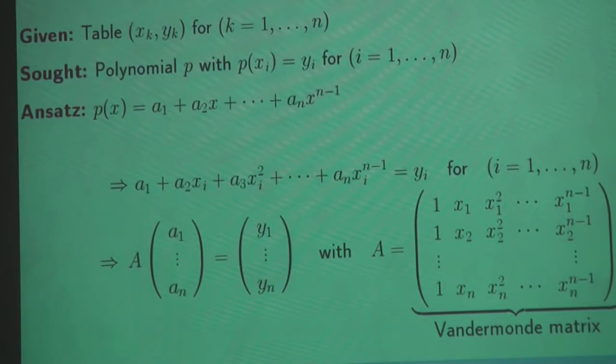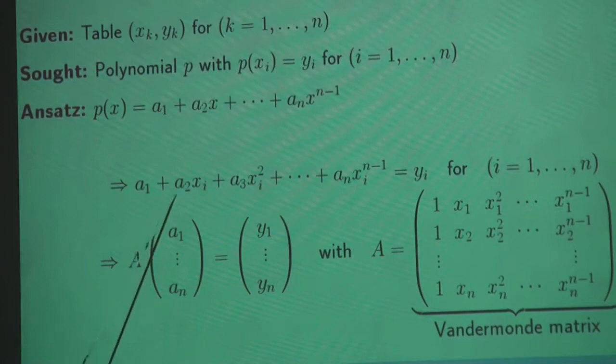This is a set of n equations. So this must hold for i equal 1 to n. So we get n such equations. And look, the first equation starts with a1 plus a2 times x1 plus a3 times x1 squared, and so on, up to x1 power n minus 1.